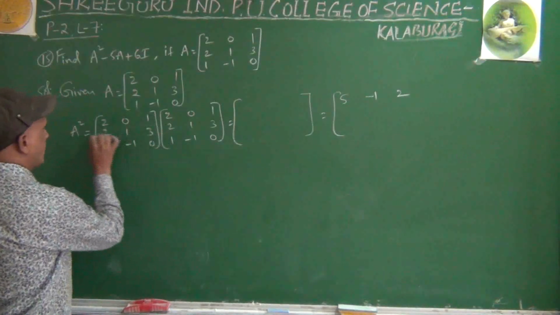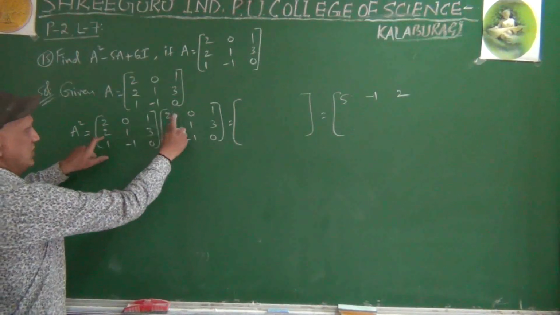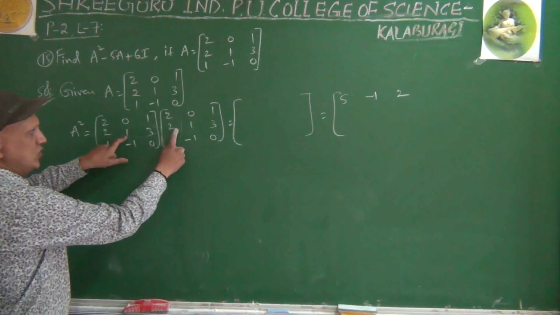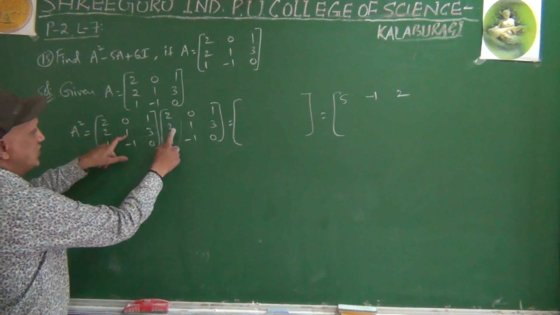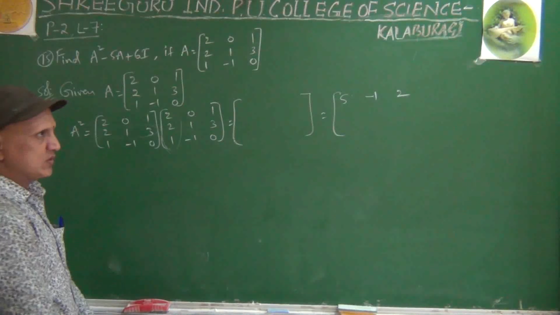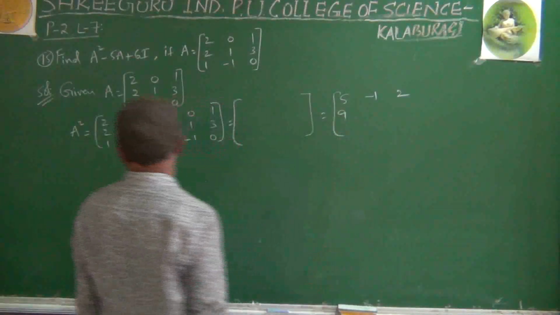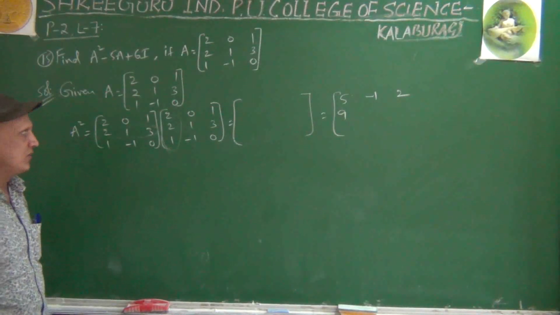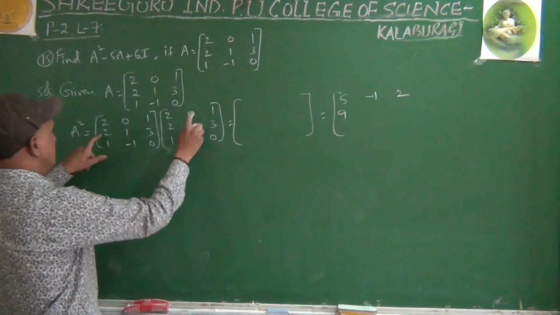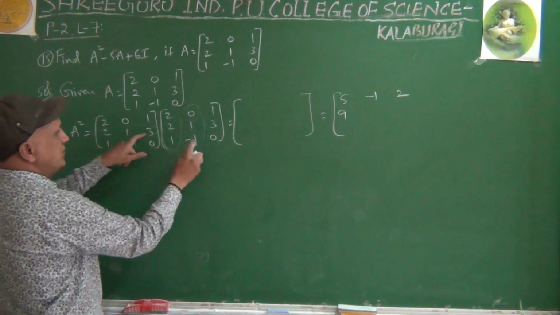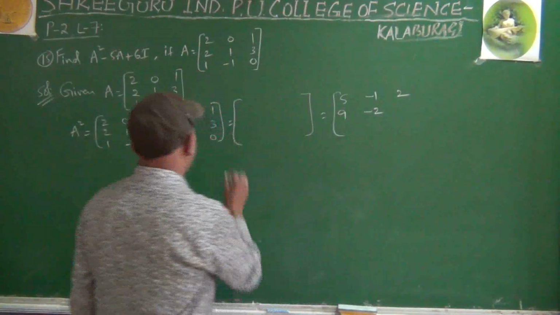Now, second row, first column: 4, 2 into 2 is 4, 1 into 2 is 2, 3 into 1 is 3. 4 plus 2 is 6, 6 plus 3 is 9. Second row, second column: 0, 1, minus 3, 1 minus 3 is minus 2. Next, second row, third column.